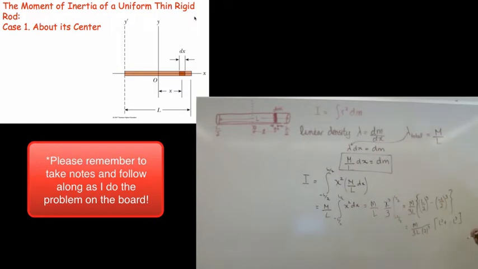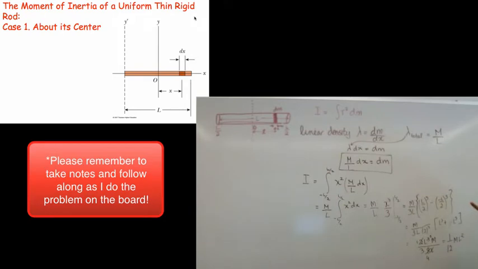Which gives me 2L cubed m divided by 3 times 8L, right? This one goes away, we get a 4. This one goes away, 2, and my answer is 1 over 12 mL squared.